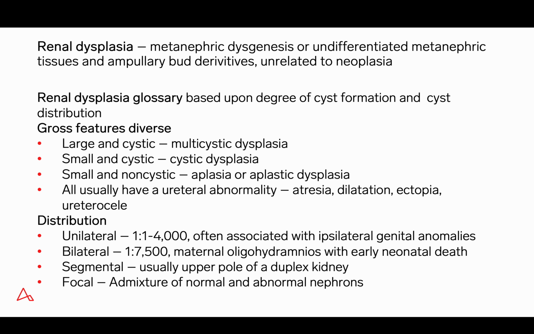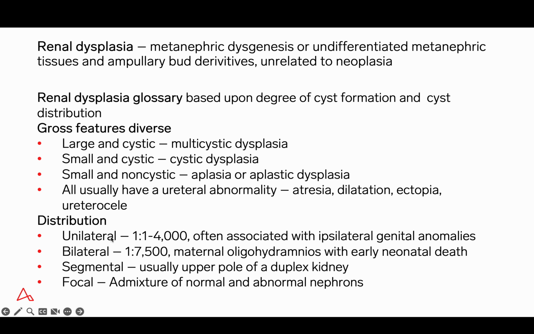If it's small but still cystic, often it will simply be called cystic dysplasia. If it's small and non-cystic, then it's referred to as an aplastic kidney, aplasia, or aplastic dysplasia. All of these have in common lower urinary tract abnormalities of one of several types.